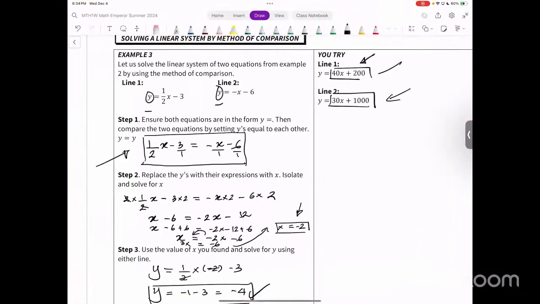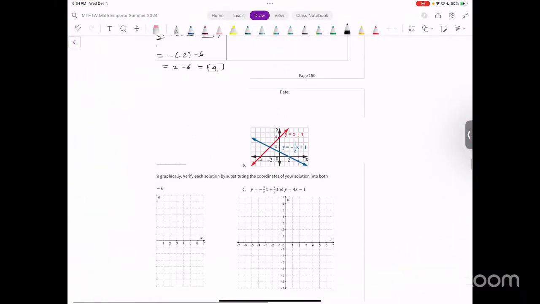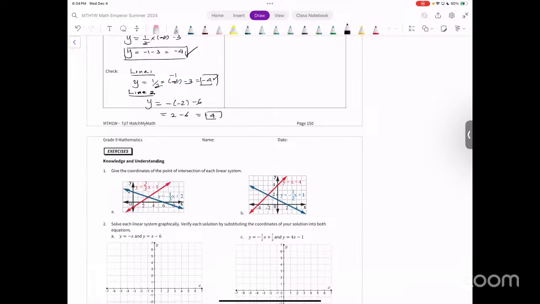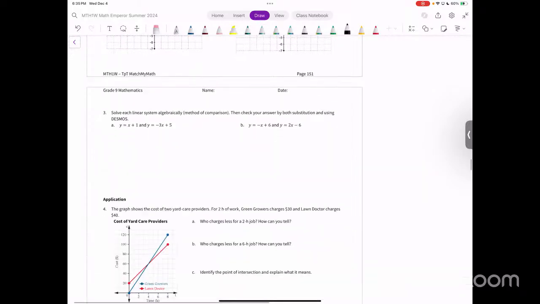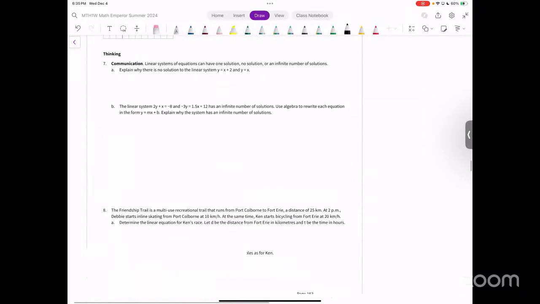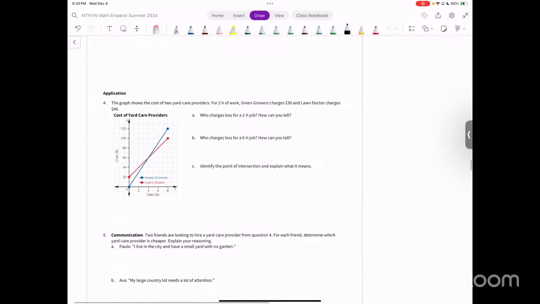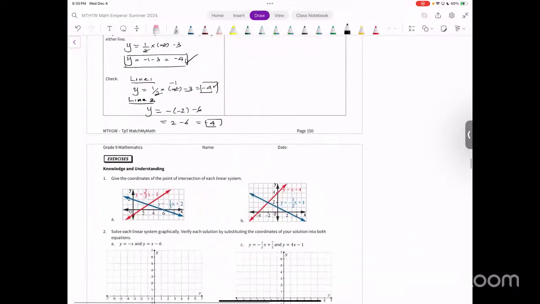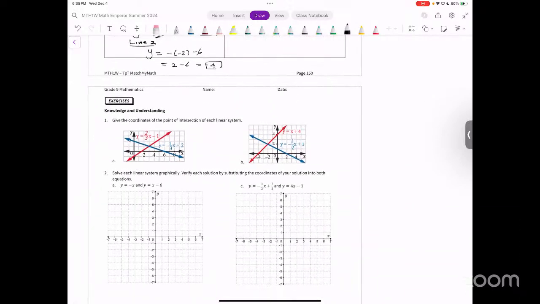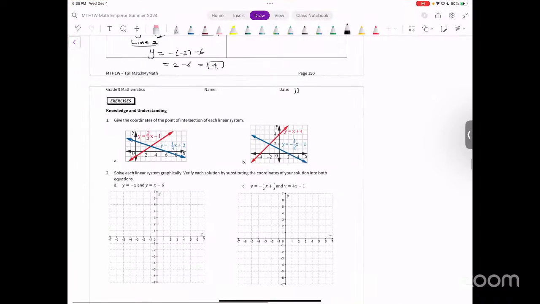Okay, so we are done with that. Now you see all the exercise questions. This exercise is about playing around with finding the coordinate in different ways in application. I don't want to spend time on doing that. So the whole exercise is going to be homework, due on the 12th, 11th.